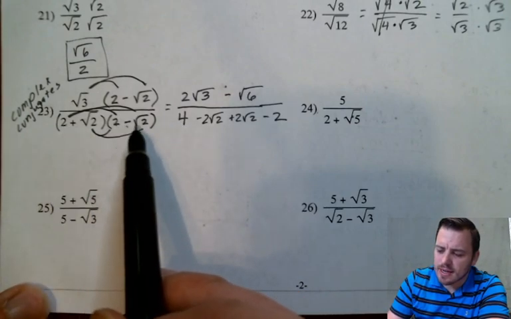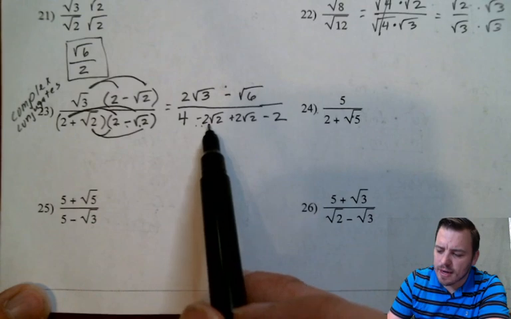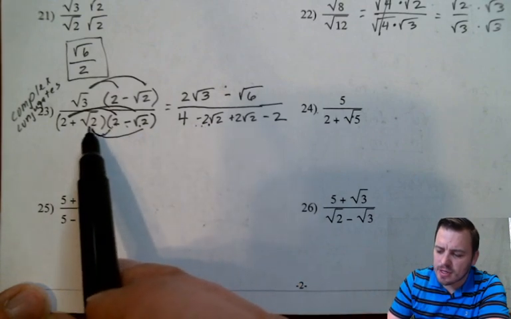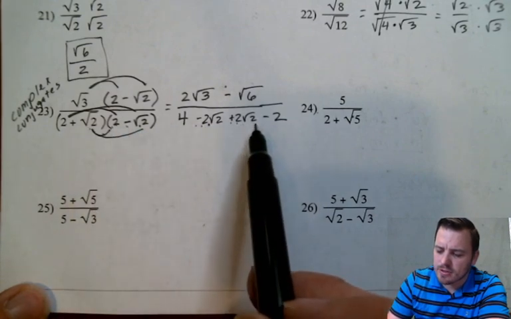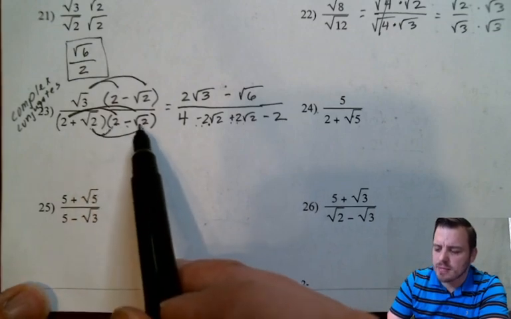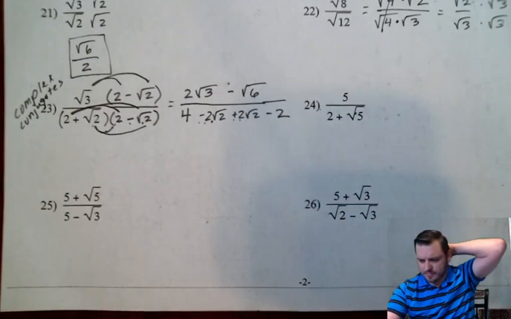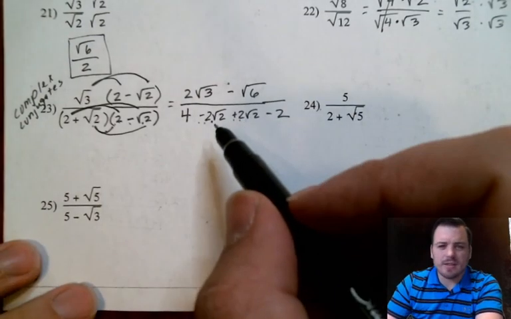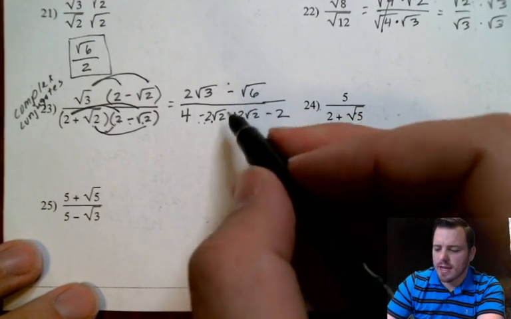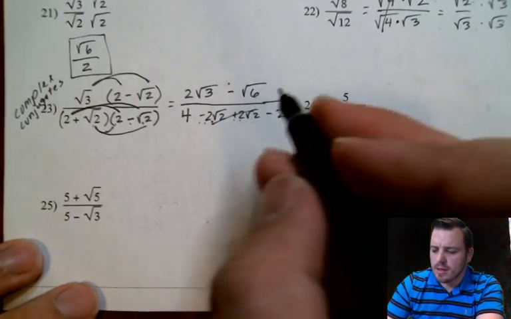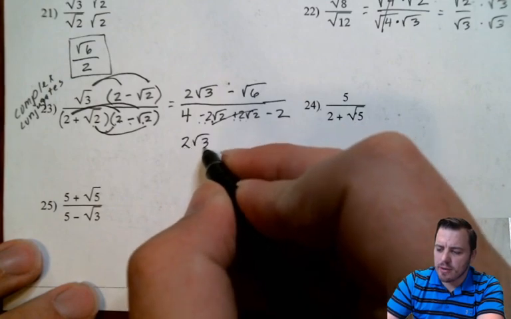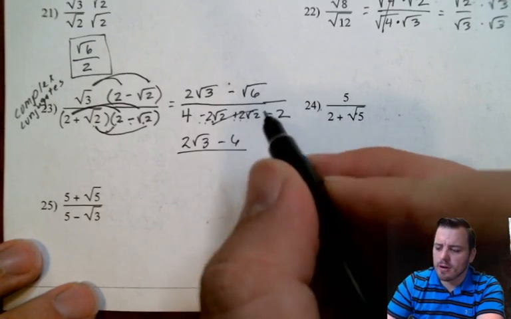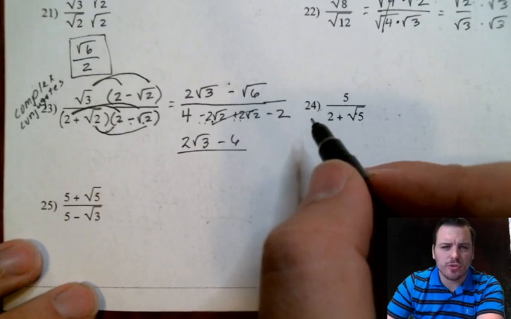Outside 2 times negative radical 2 would just be negative 2 radical 2. Inside 2 times radical 2 would be plus 2 radical 2. And then last, radical 2 times radical 2 is 2. And then notice, guys, negative 2 plus 2 cancels. And I have 2 radical 3 minus 6, bring that from the numerator, over 4 minus 2 is 2.